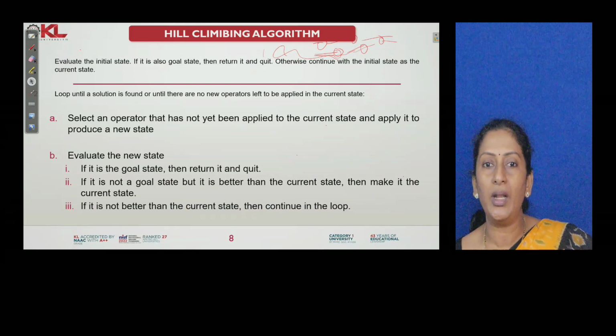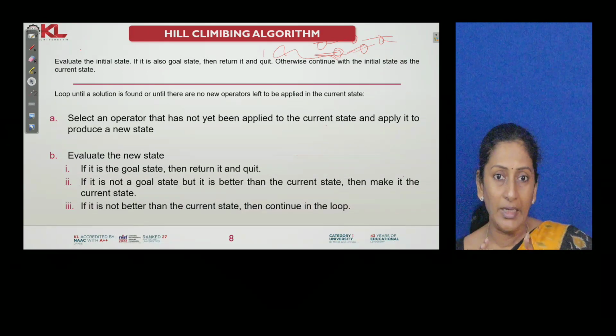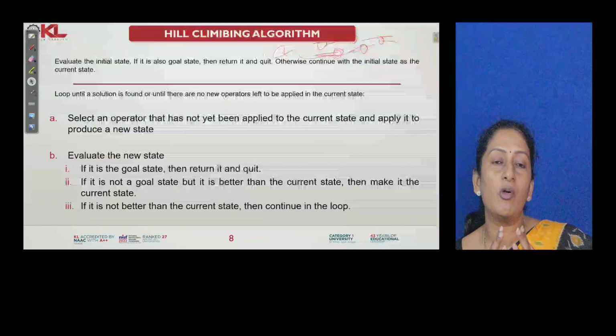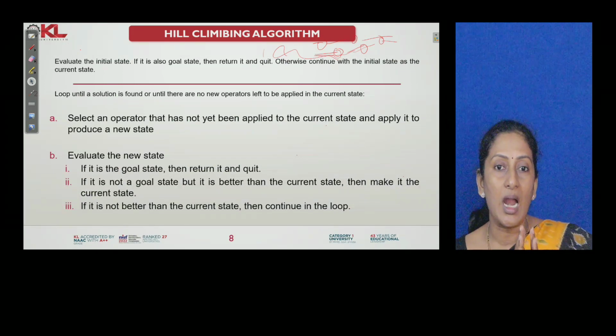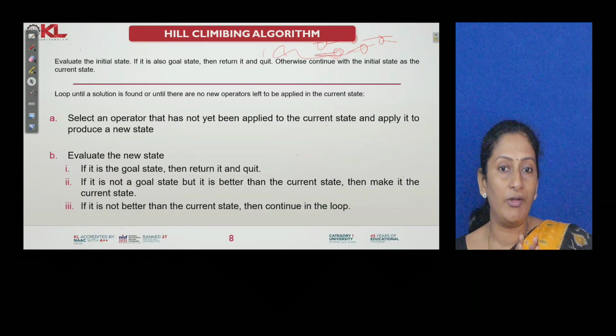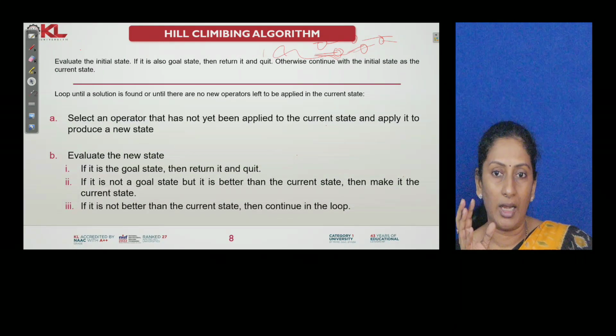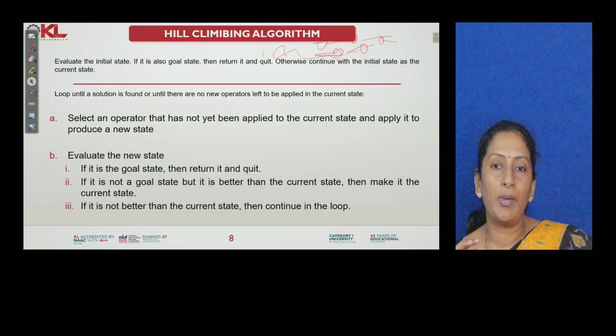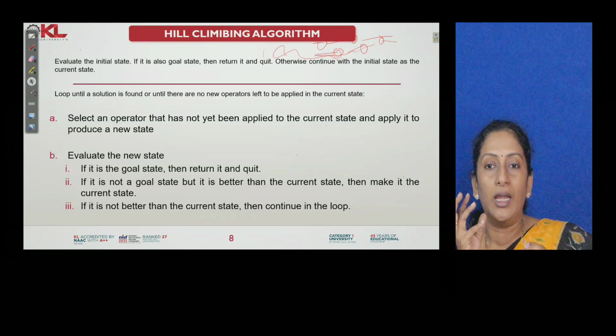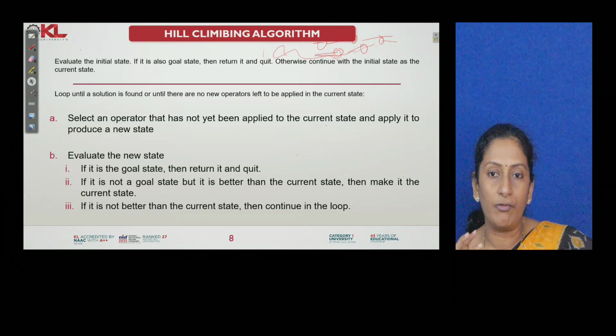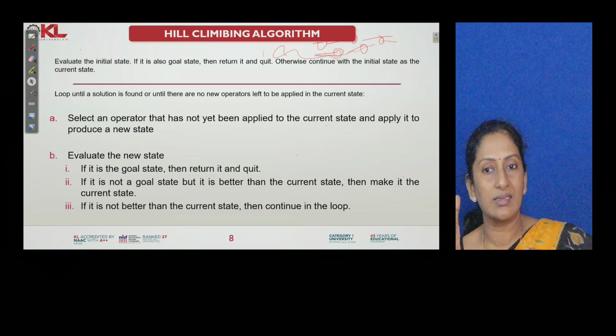This is very simple. Again, I am repeating the concept of the simple hill climbing algorithm. We start at the current state, find a next node in the neighborhood, and apply the heuristic to that next node. If the heuristic value is better, we consider that as the current state.